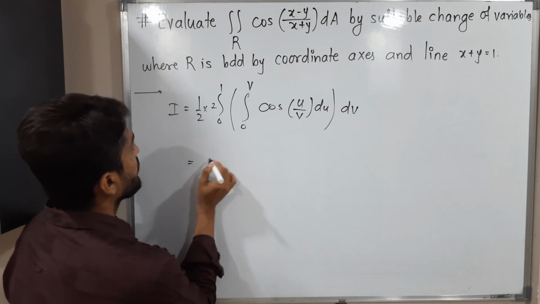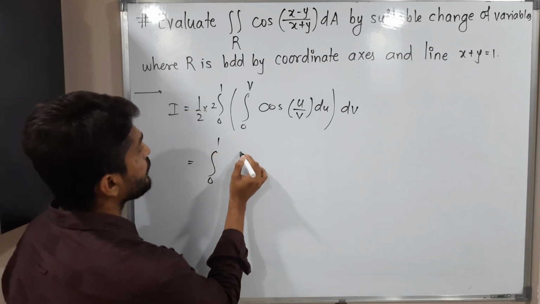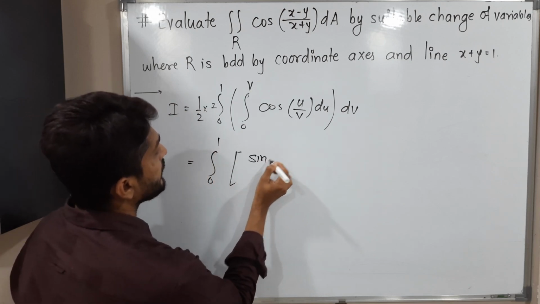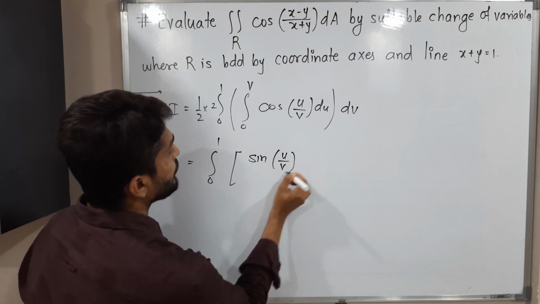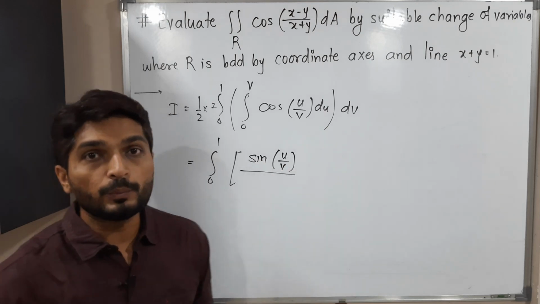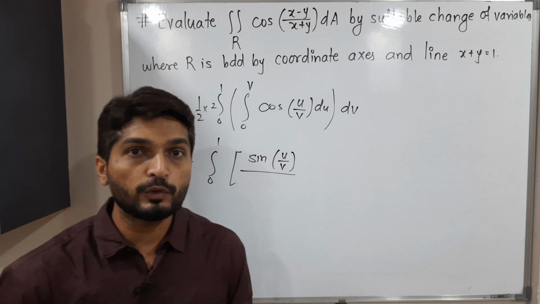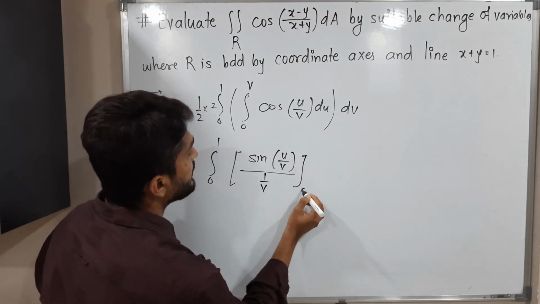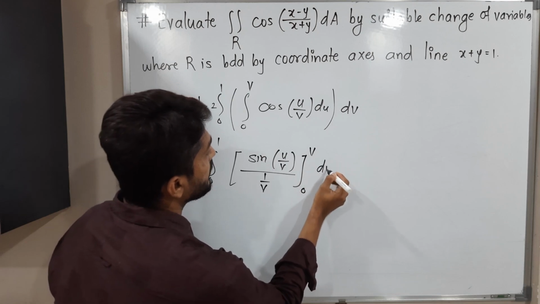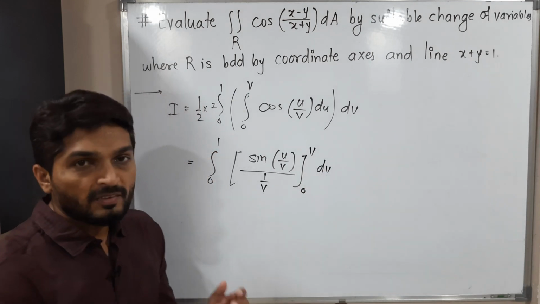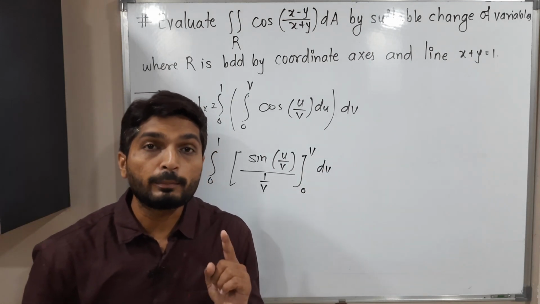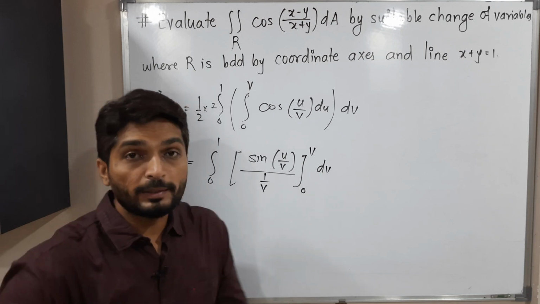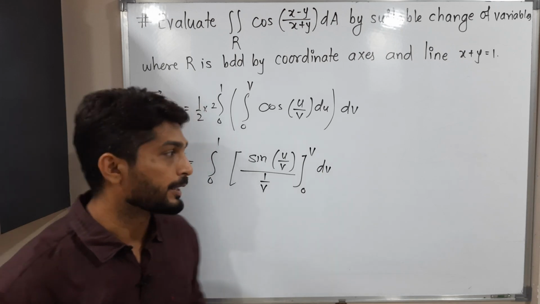0 to 1. Integration of cos is sine u by v. But what we do, whatever the multiple of u, we write in the denominator. Here the multiple of u is 1 by v, so I should write in the denominator 1 by v with limit 0 to v dv. That 1 by v is a constant and will come outside, and since v is in the denominator of the denominator, it will go to the numerator.